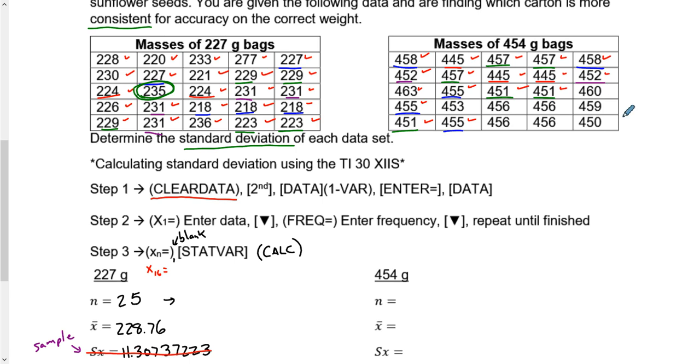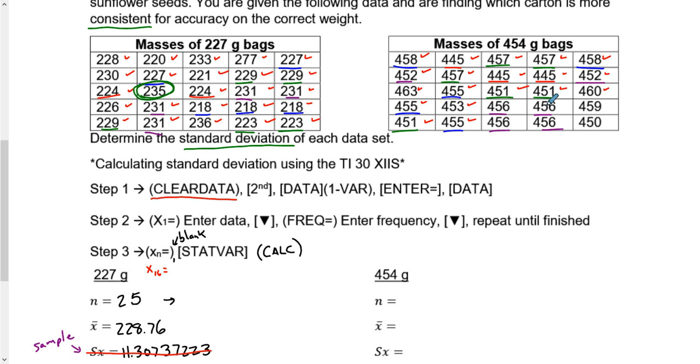I only see one of them, so I just keep on pressing down. 453, which is different than 463. There's only one of them. 456, I see that there's 4 of them. So my frequency is 4 on that one.